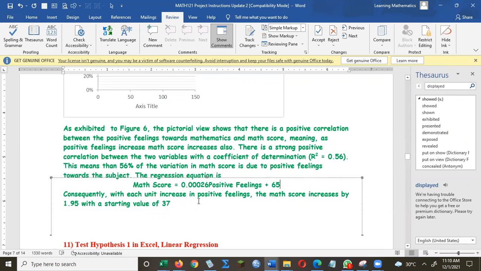Consequently, with each unit increase in positive feeling, the math score increases by 0.00026. And that suffices, starting with a value of 65.